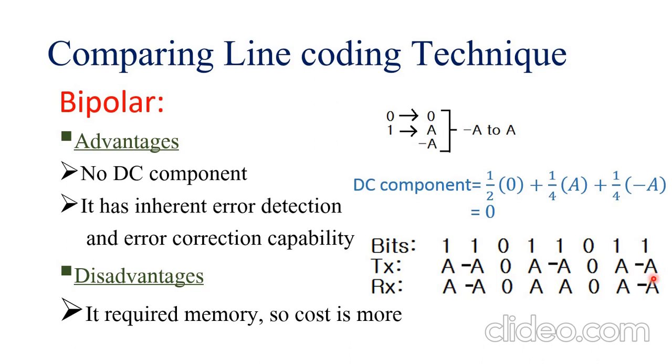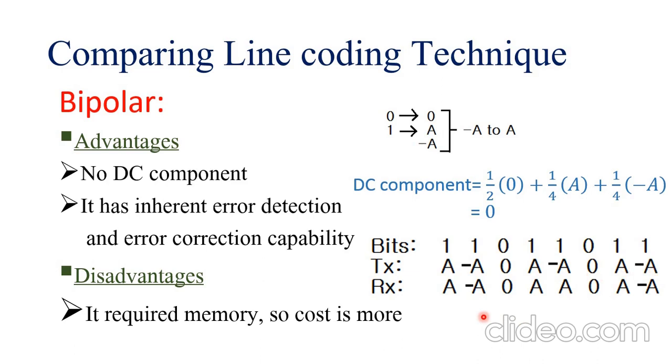So the transmitted amplitude equal to A, minus A, 0, A, minus A, 0, A, minus A. So that is how we will be sending signal.